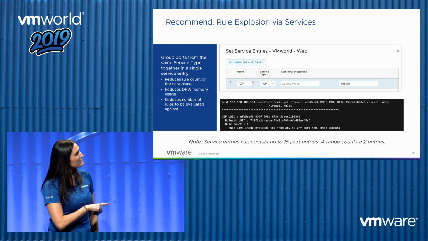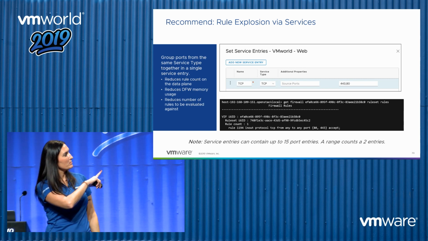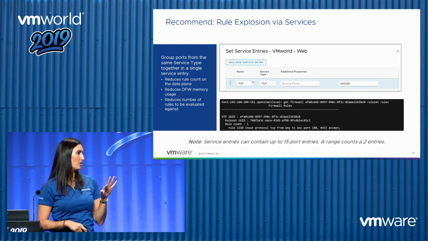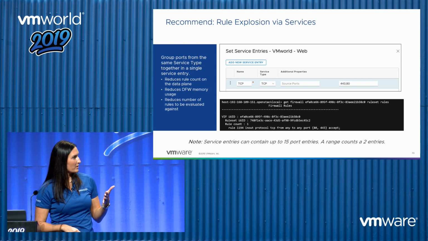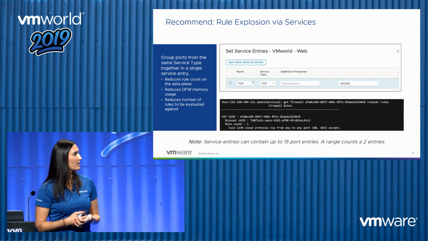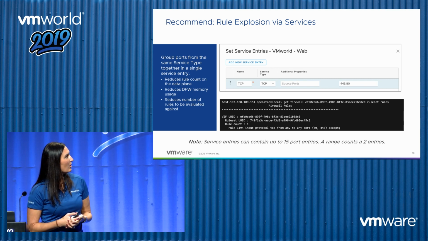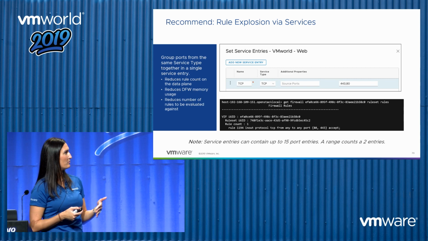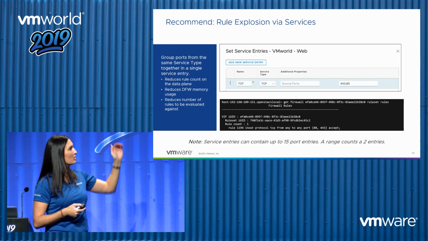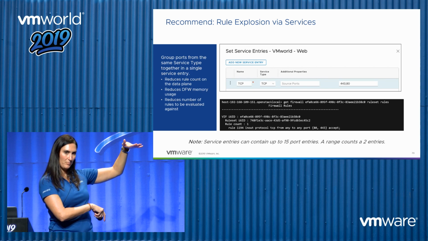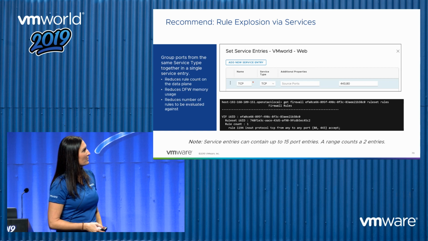When you create these service entries, you can have up to 15 ports, and a range would count as 2. So if you had 7 ranges and 1 port, that would equal 15. Also, these service types can't be combined into one service entry, so if you did have UDP rules in this, you would have to create a separate UDP entry, and that would be broken out, but that's pretty typical anyway.